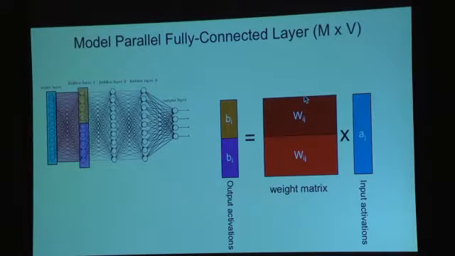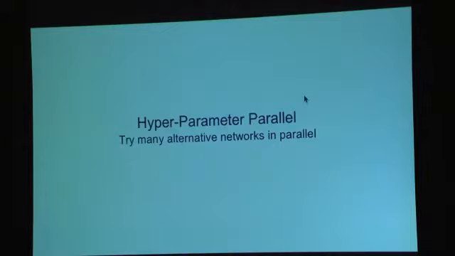double the speed at which I do this computation. And then the most effective way of exploiting parallelism is what's called hyperparameter parallelism. Very often when I'm doing a study, I'm trying to experiment to find the right set of hyperparameters: how many layers, what size convolutional kernels, how many hidden neurons in each of the fully connected layers.